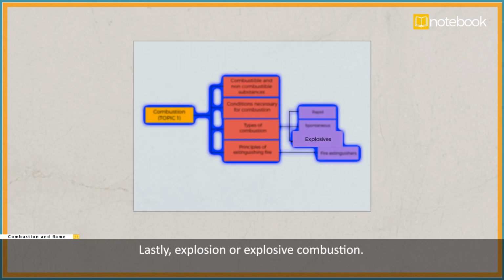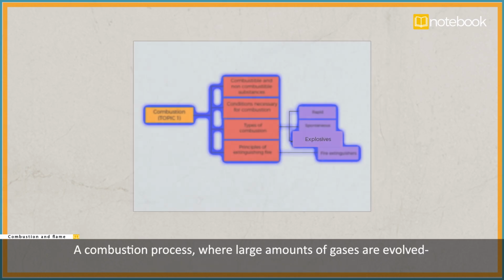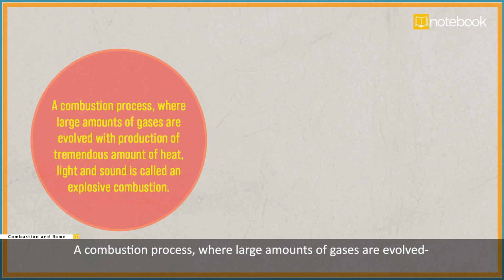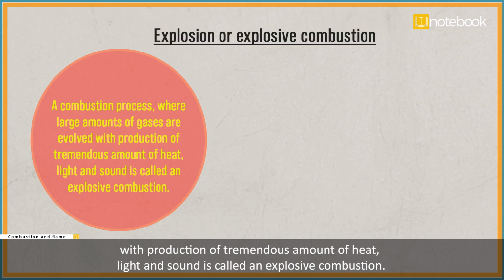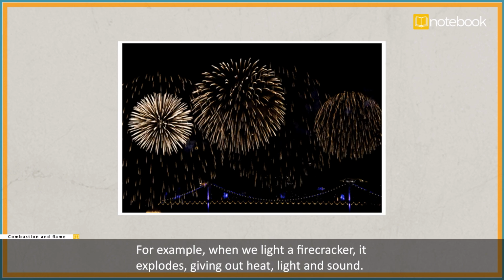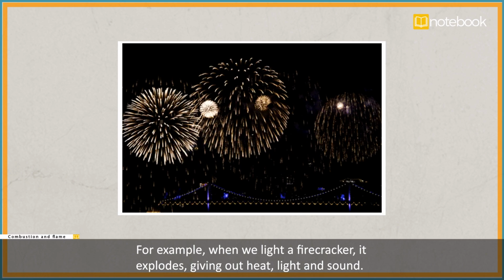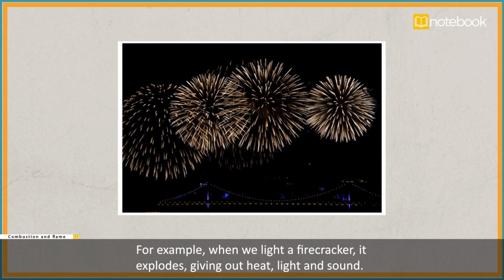Lastly, explosion or explosive combustion, a combustion process where large amounts of gases are evolved with production of tremendous amount of heat, light and sound, is called an explosive combustion. For example, when we light a firecracker, it explodes, giving out heat, light and sound.